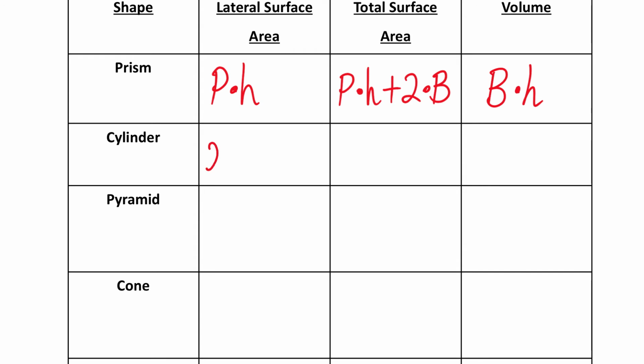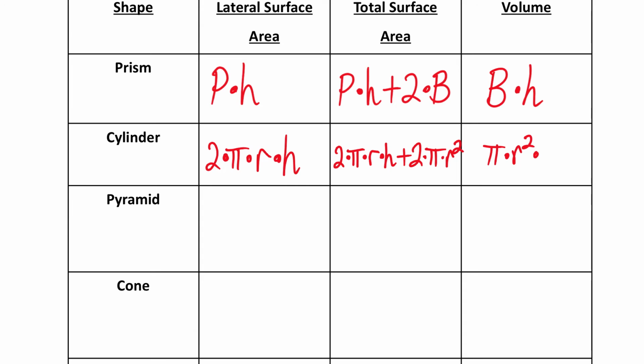Okay, for a cylinder, lateral surface area is 2 pi rh. Total is 2 pi rh plus 2 pi r squared. And then volume of a cylinder is pi r squared times h.